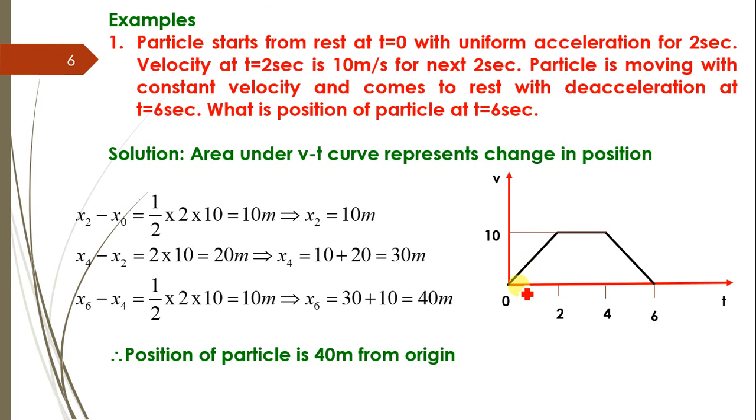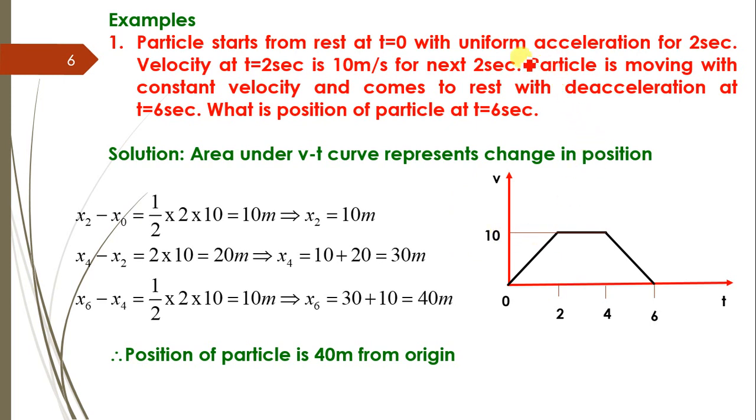So let's plot here. On the x-axis we are considering the time interval t, and on the y-axis we are considering the velocity. At t equals 0, the particle has uniform acceleration and the velocity is 10 meter per second. At t equals 2, the velocity of the particle is 10 meter per second.